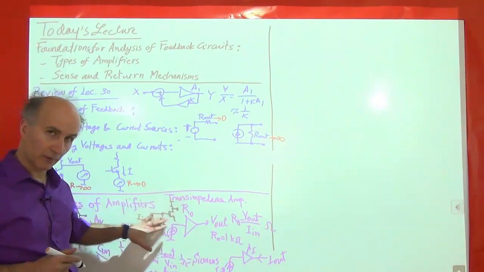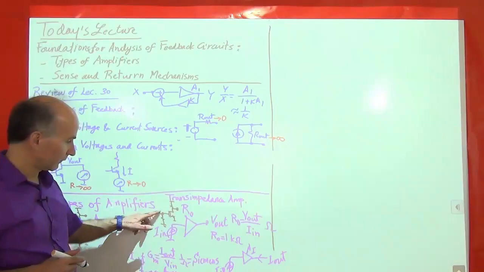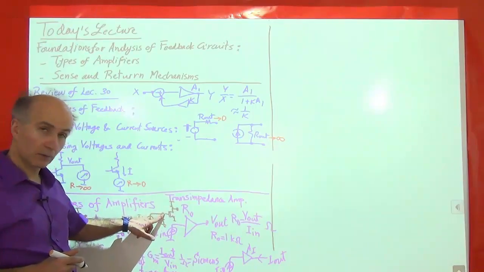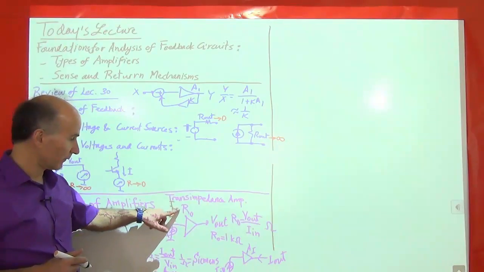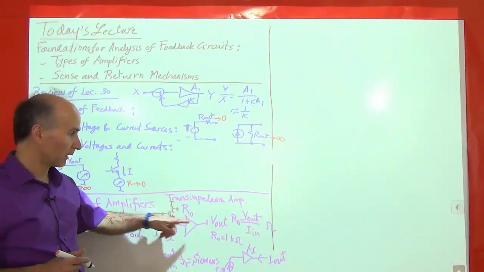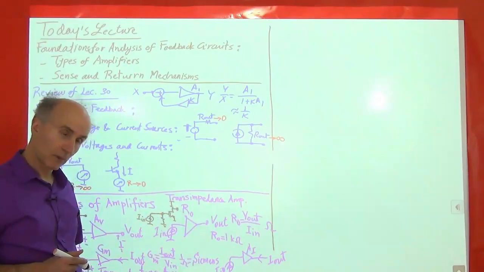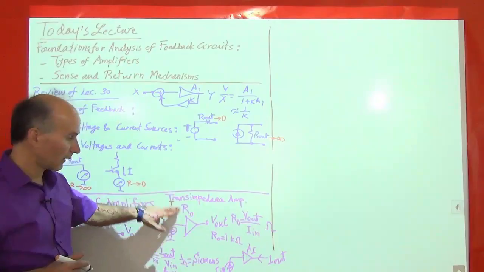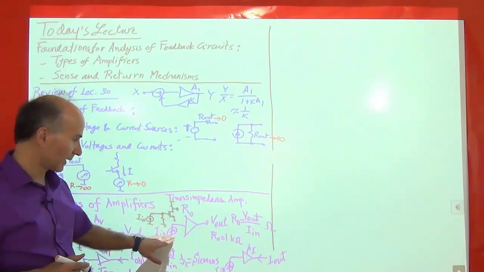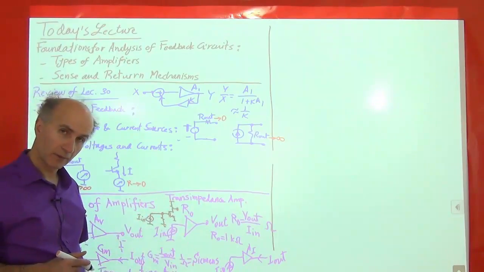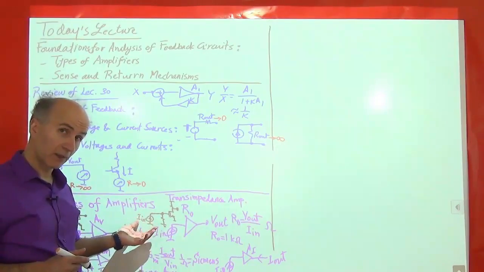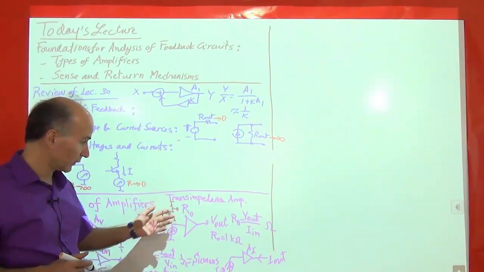Again, this is all small signal, right? We allow the current to flow through a resistor. That generates a voltage. That voltage gets amplified and comes out and becomes a bigger voltage. So that's V out. So this whole circuit qualifies as a transimpedance amplifier because it takes a current and converts that current to voltage as it goes through.